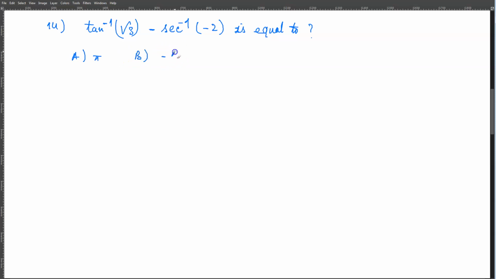Question number 14 is tan inverse of square root of 3 minus secant inverse of negative 2 is equal to: A, 0; B, negative pi by 3; C, pi by 3; and D, 2 pi by 3.